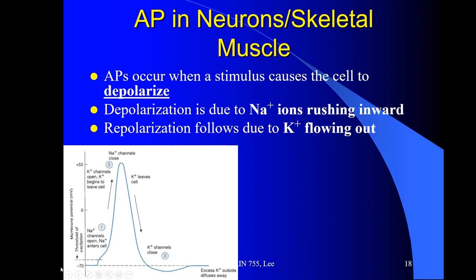So there's a resting membrane potential of -70 in neurons. Some stimulus causes the membrane potential to hit a threshold, and then you get this rapid depolarization, which is basically bringing that membrane potential towards zero and even past zero from where it started. And then a very quick repolarization follows, where it goes back towards its resting membrane potential.